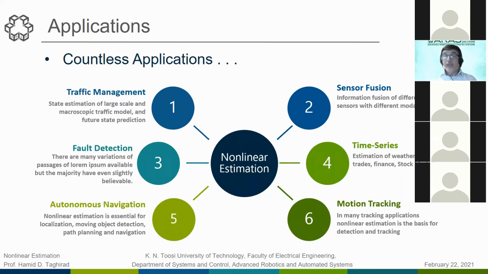You need some sort of nonlinear observers. Of course, this traffic management could be related to a more general topic we call time series: weather, let's say estimation of weather conditions, finance, trade, stock market, anything that is data driven. It is basically a number of time series.